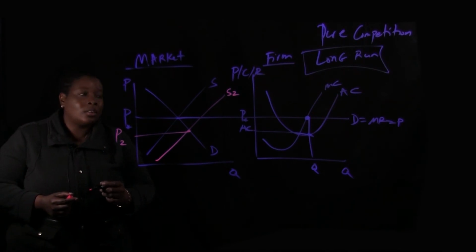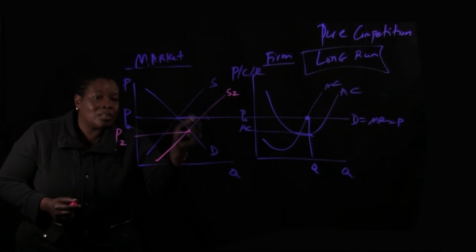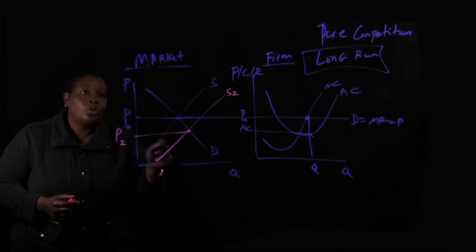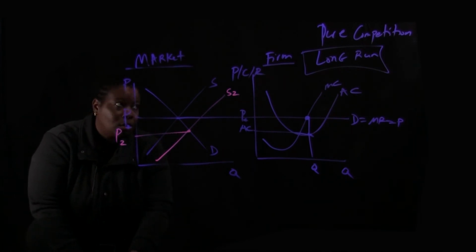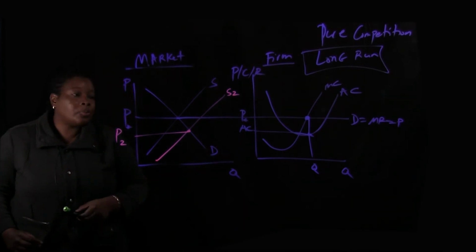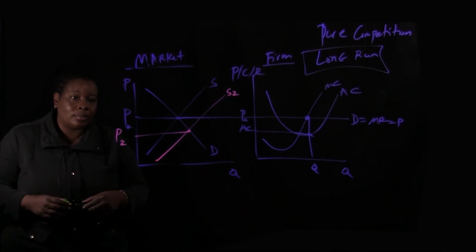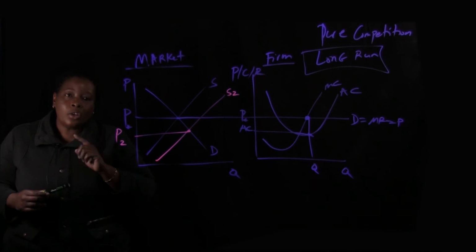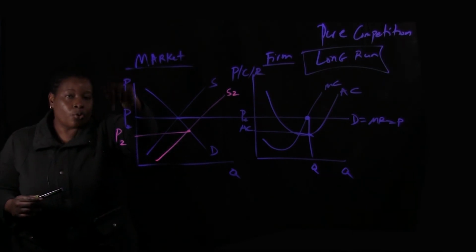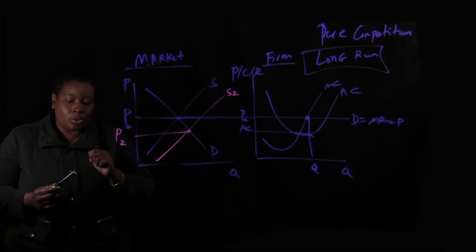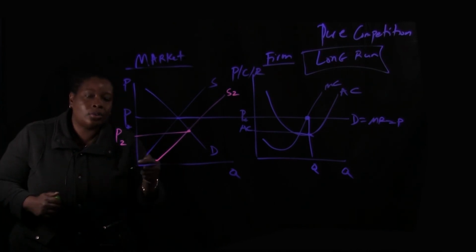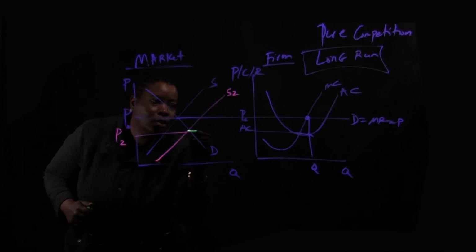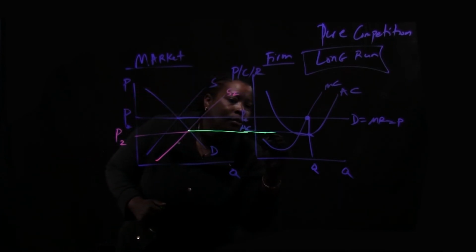Here's the thing. This firm is a price taker. So whatever the market says is the going price, this firm has no option but to take that price, which means when the new firms enter and they reset the equilibrium price at P2, this firm has no option but to now take this new price right here. They're going to have to take it.